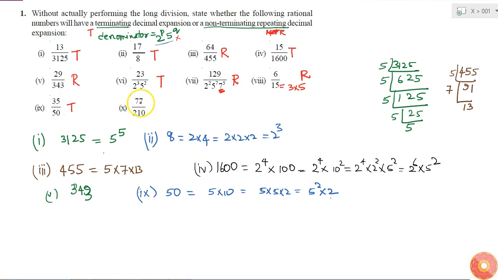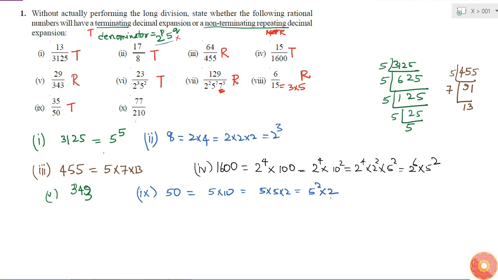Here it is 77 by 210. Here there is a factor of 7 in the denominator, but there is also a factor of 7 in the numerator. So let me first try to simplify it, because if I see that there is a 7 here and conclude that it is repeating, it may be wrong because there is also 7 in the numerator.